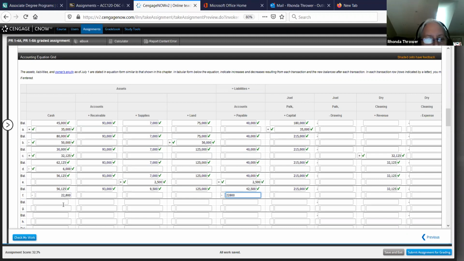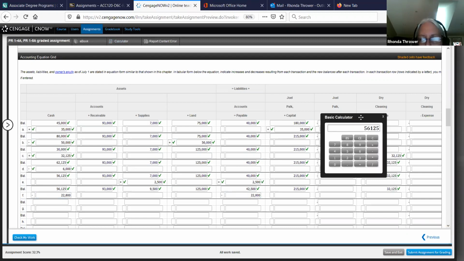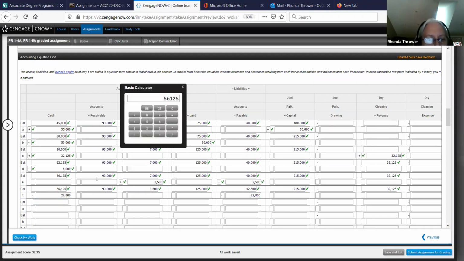And let's balance our accounts. So I'm going to pull up my calculator to help me to balance. I'm going to add 22,800 to the 56,125.